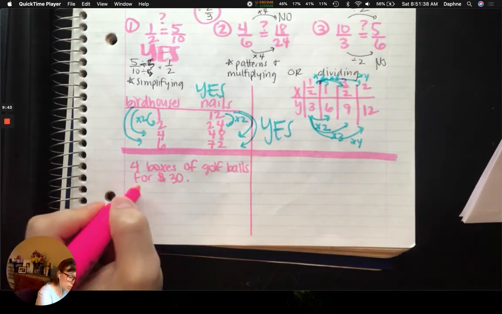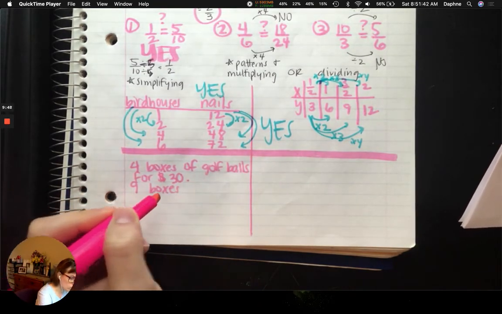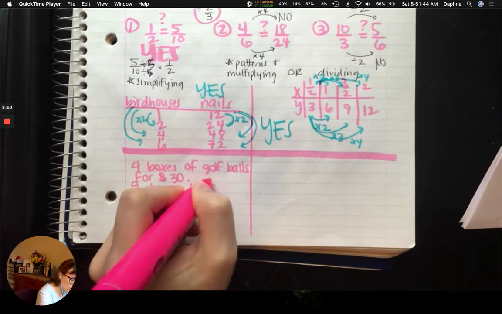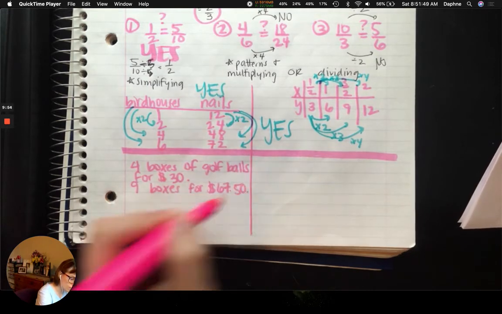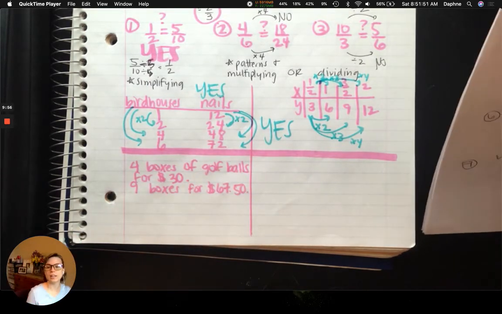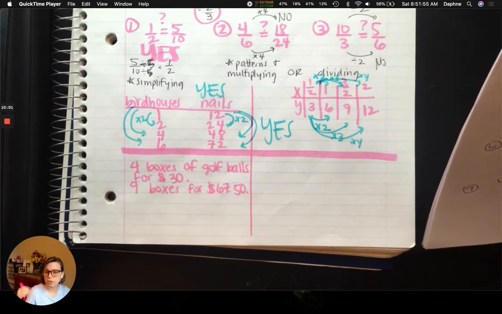But a friend buys 9 boxes of golf balls for $67.50. Are they proportional? Okay, that's your question. Are they proportional?